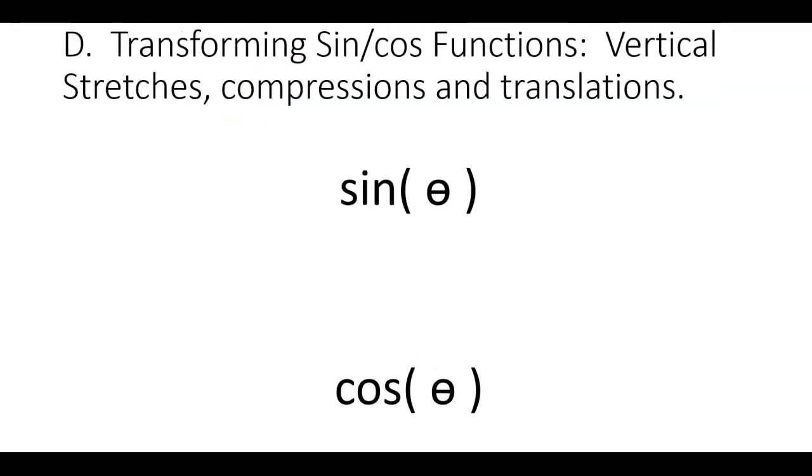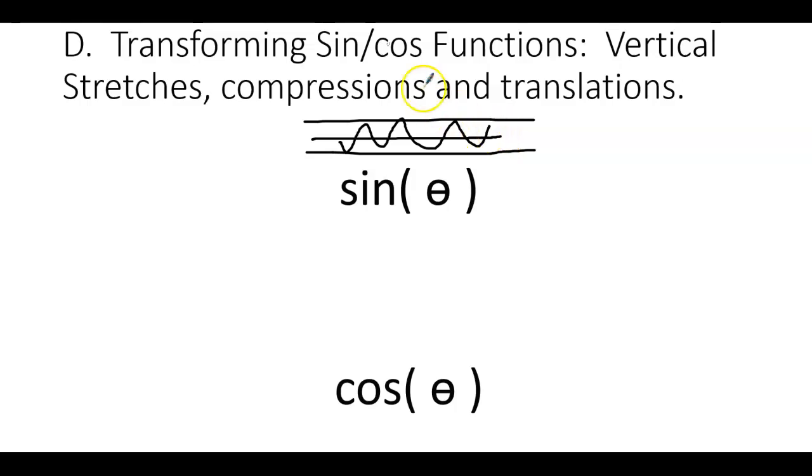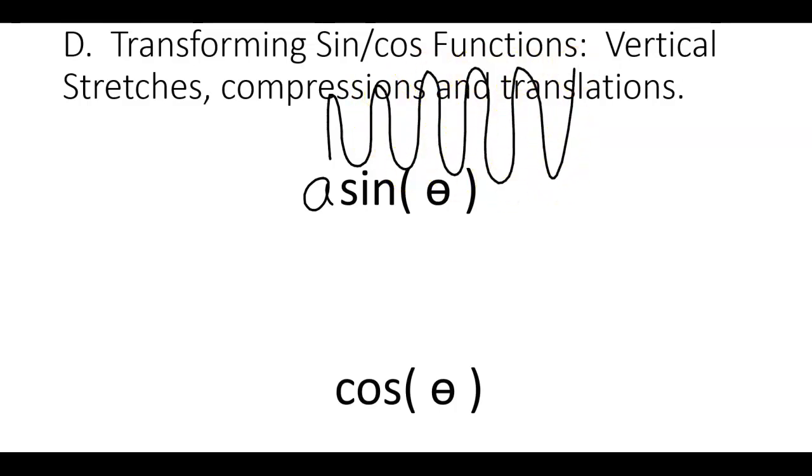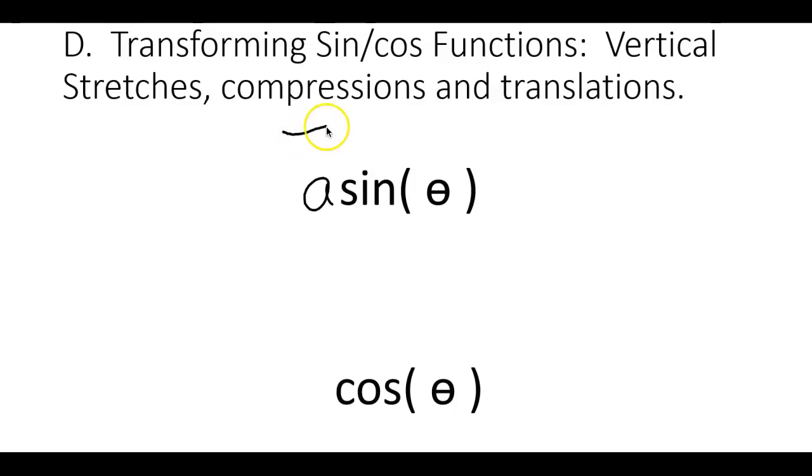So here we go. All right, so we know that sine usually just wobbles like this, right? And it stays between +1 and -1 with the midline at 0, right? But we can change all that. If I multiply by a number, a, it will either stretch my graph so that it gets taller, or it will compress my graph so it looks flatter, okay?